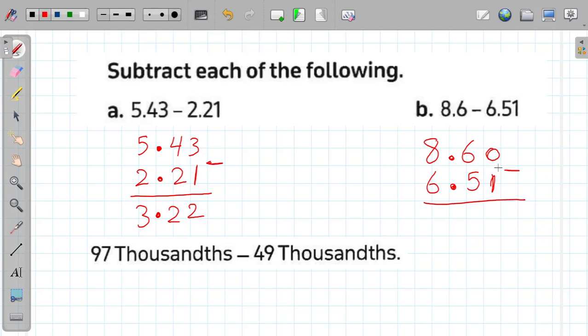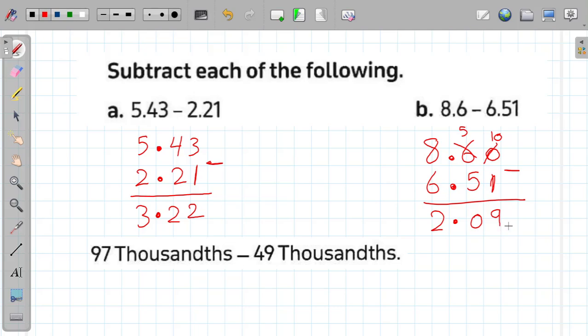Okay, next I will say 0 minus 1, it can't be, so I will borrow from 6, so it becomes 5, and 0 becomes 10. 10 minus 1 equals 9, 5 minus 5 equals 0, and I will put the decimal point. Next I have 8 minus 6 equals 2, so it will be 2.09, or 2 and 9 hundredths.